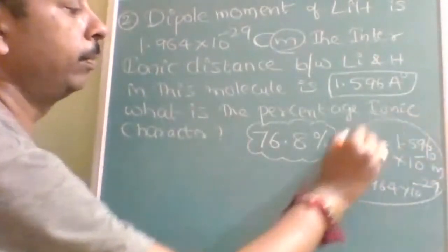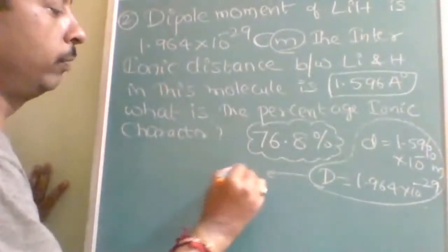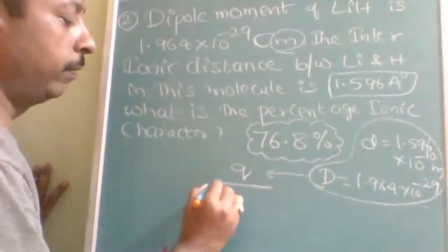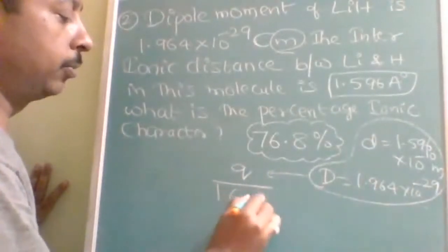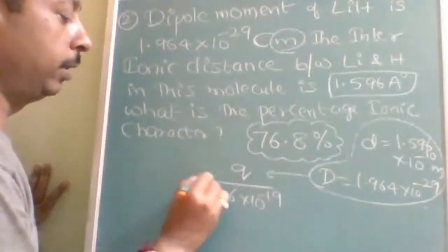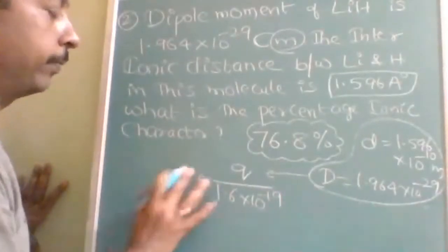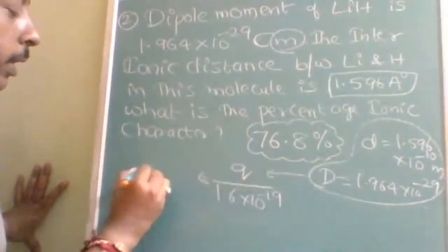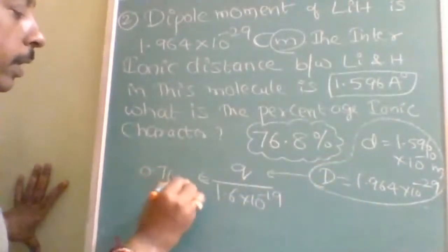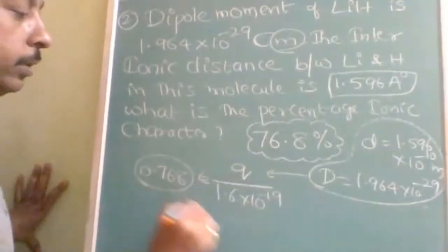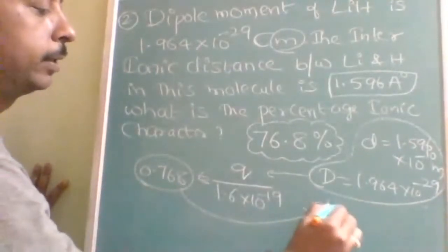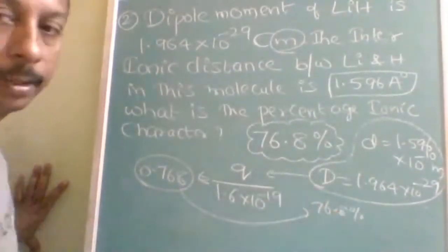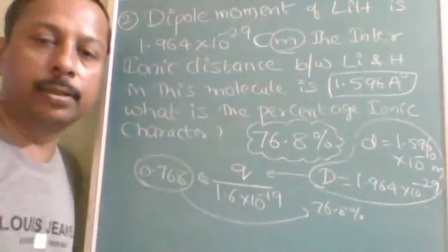When you divide both of them, you will get the Q value. Q divided by 1.6 into 10 to the power of minus 19, you will get a fraction. On dividing, you will get 0.768. For percentage, you can write it as 76.8%. Is that explanation understood?